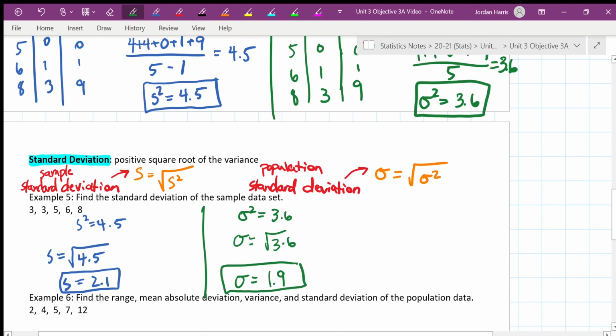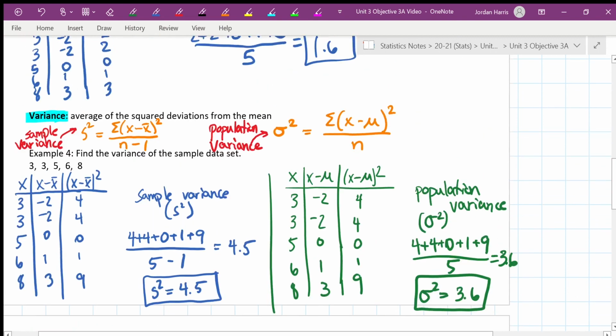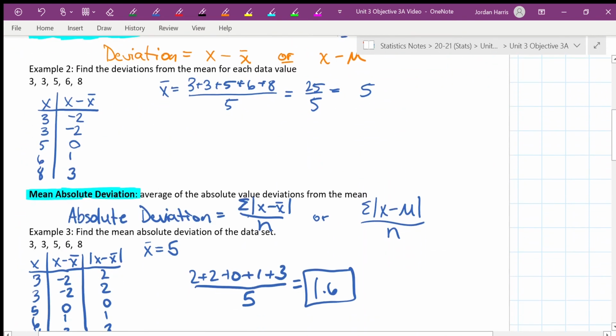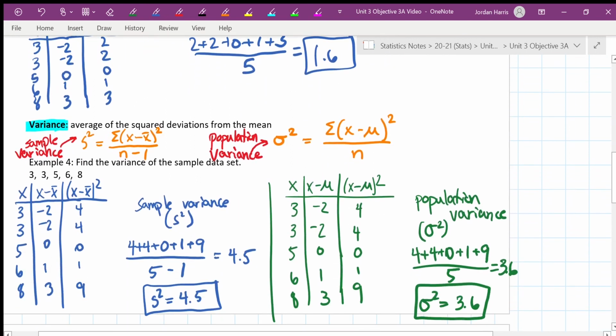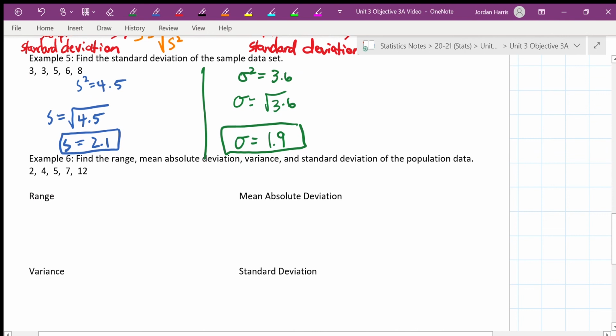So there we have our basically 4 measures of dispersion: range, mean absolute deviation, variance, and standard deviation, where variance and standard deviation are strongly related.